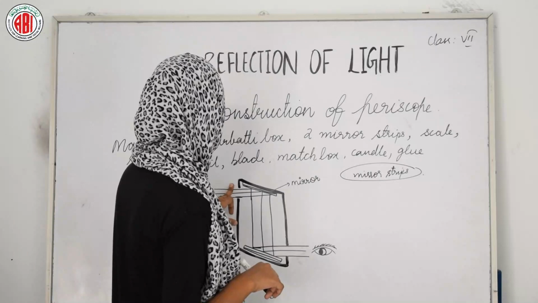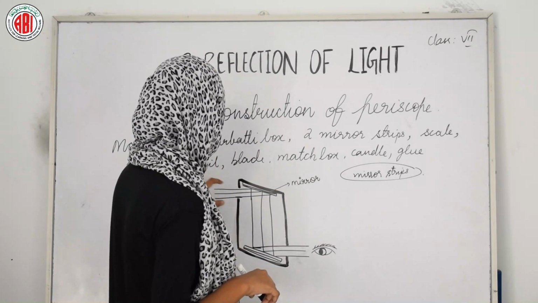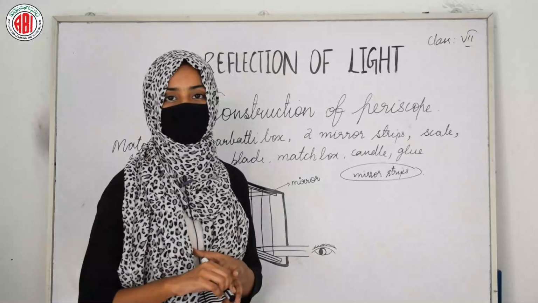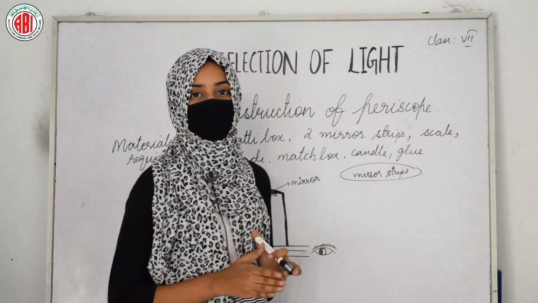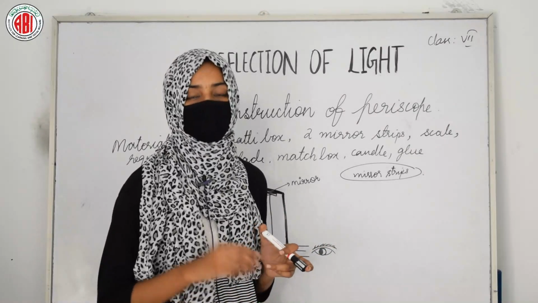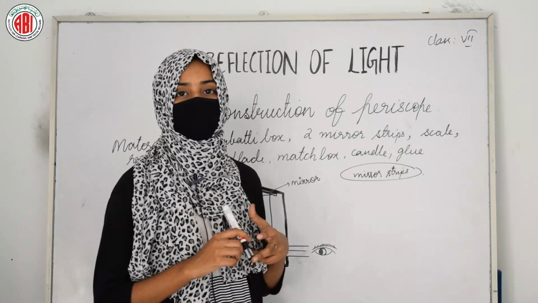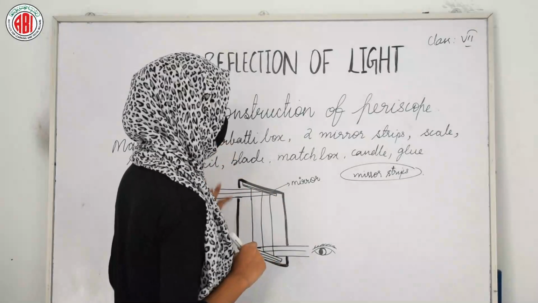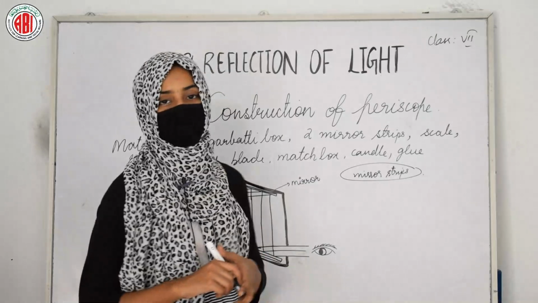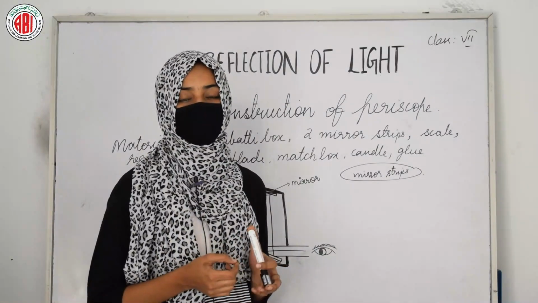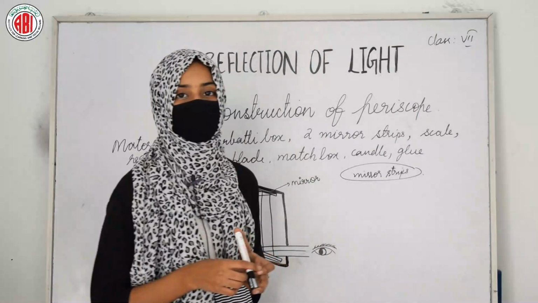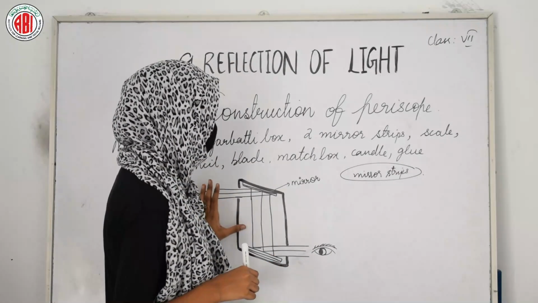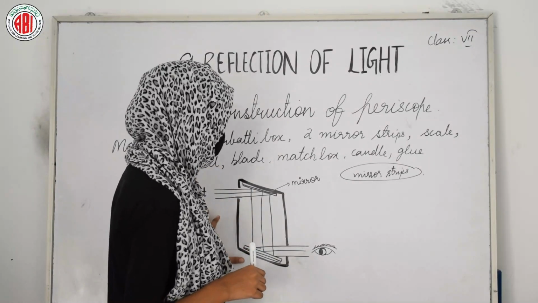After making the windows, we should check whether the windows open and face towards the reflective surfaces of the mirrors. The windows made on the narrow sides of this box should face towards the reflective surface of the mirror, and the mirror strips should always be parallel to each other. When the mirror strips are arranged in a parallel way, only then can we see different objects through an equipment called a periscope. So here the periscope is ready after making the windows on the narrow sides.